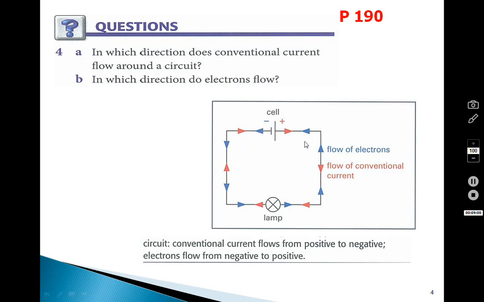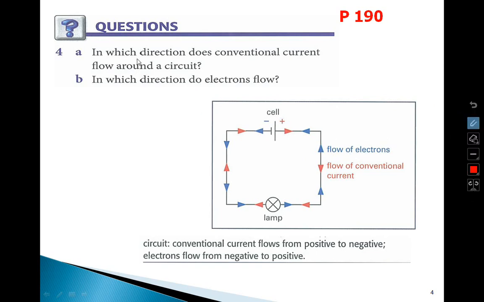So we have two things inside the circuit that are moving. If we have a cell or power supply or battery connected with the lamp, we have the flow of current, or conventional current. In which direction?